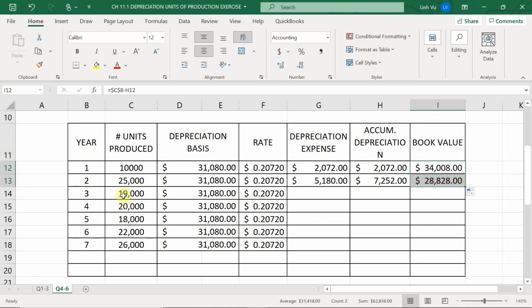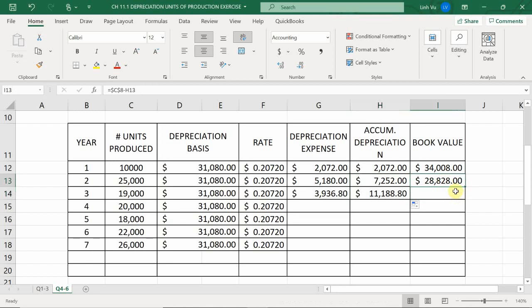For year 3, I drove 19,000 miles. So my depreciation expense for year 3 is going to be 3,936.80. Good, bringing me a total accumulated depreciation of 7,252 plus 3,936.80, which is 11,188.80.